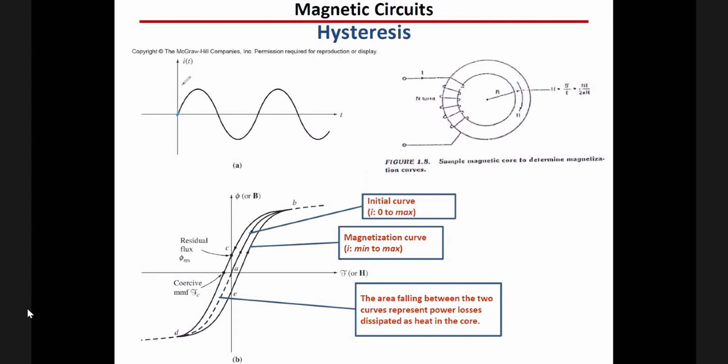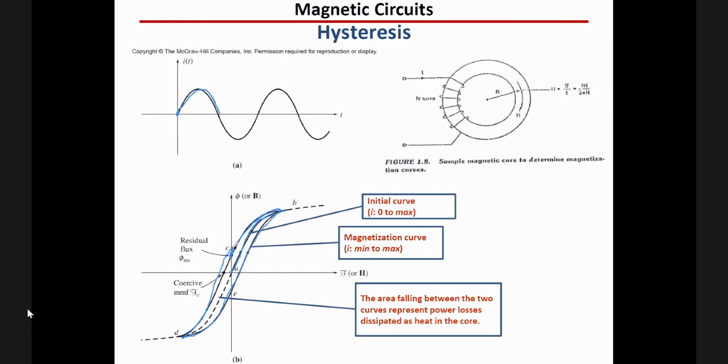What will happen when we start to increase the current is that this magnetic flux will start to increase. Makes sense, right? When we go to the zero again, this will go, but not to zero. It still has some small value for the flux. And when we go to the minus, then we go back, and so on.